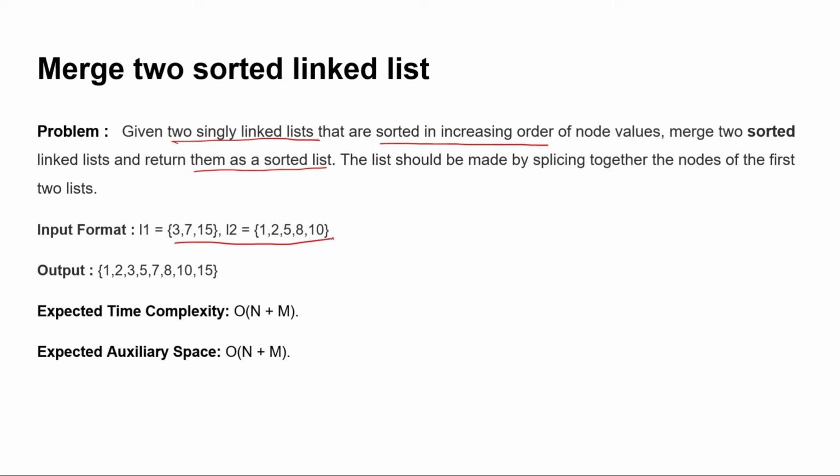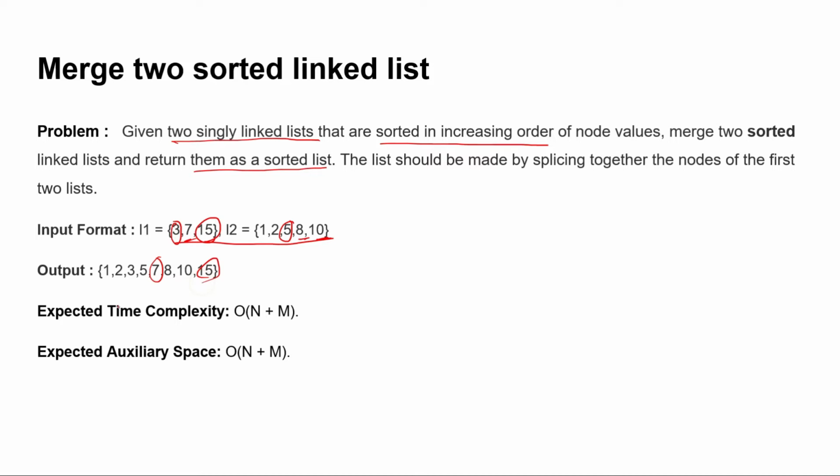This will be our input. They have 3, 7, 15 and 1, 2, 5, 8, 10. After merging the linked lists, the output will be 1, 2, 3 from here, 3, then 5 from here, again 7 which came from here, then 8, 10, and in the end we have 15 here.